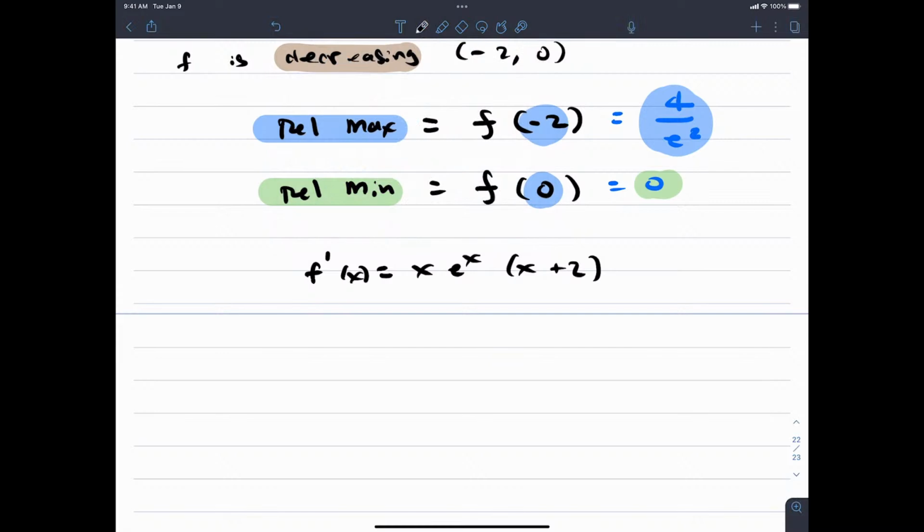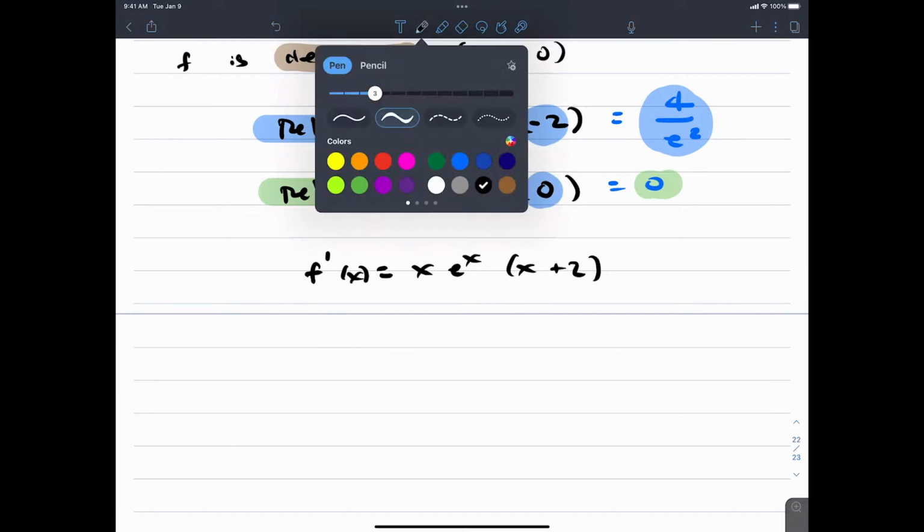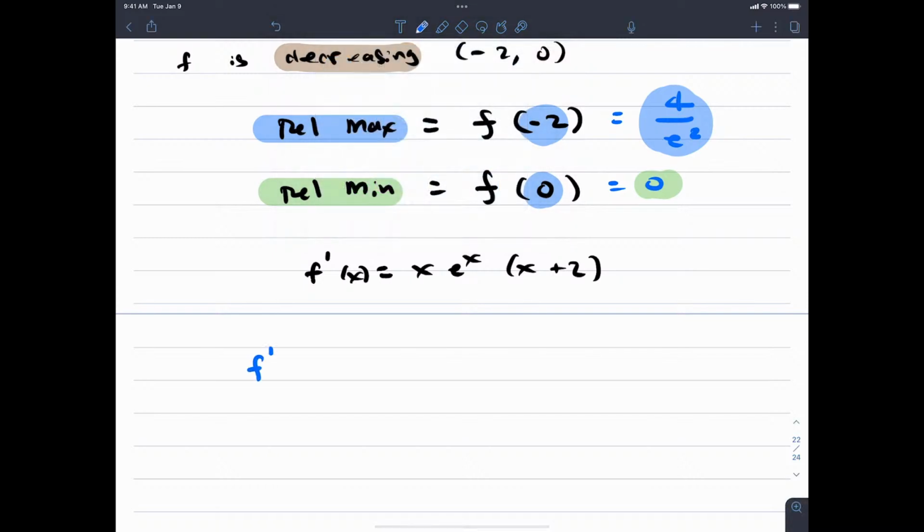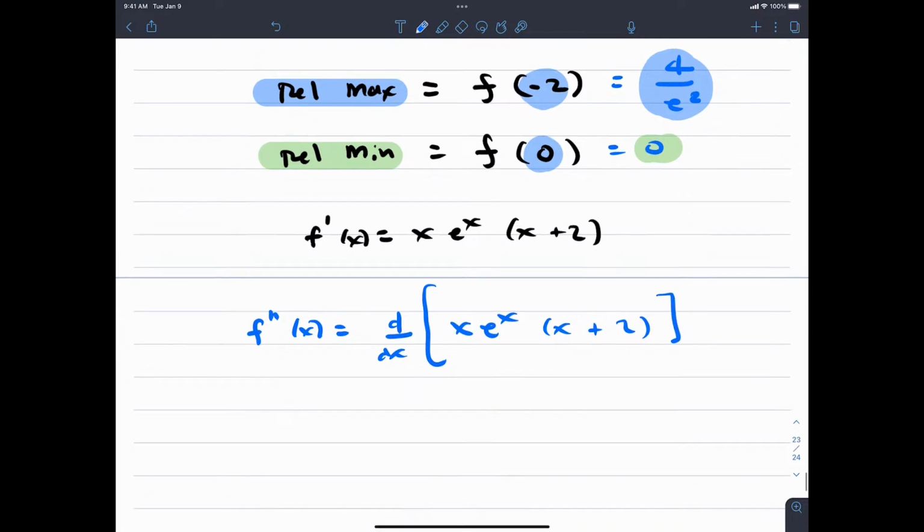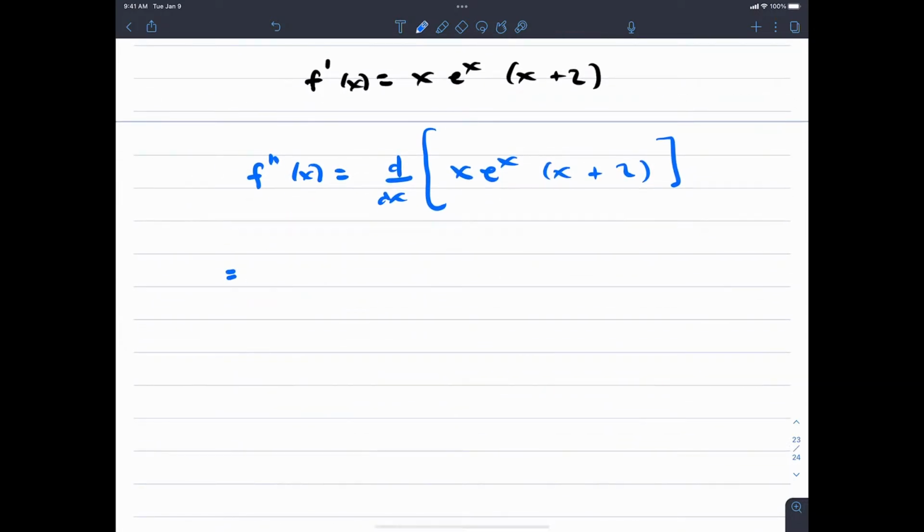What about concavity? Second derivative, right? Second derivative, sign analysis on the second derivative. Okay, so here's what I'm going to say. How would you do that?